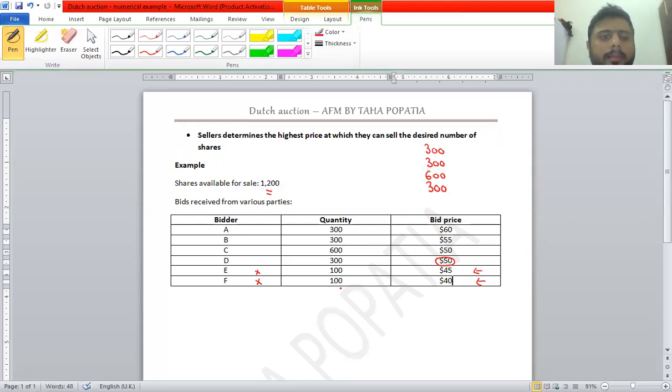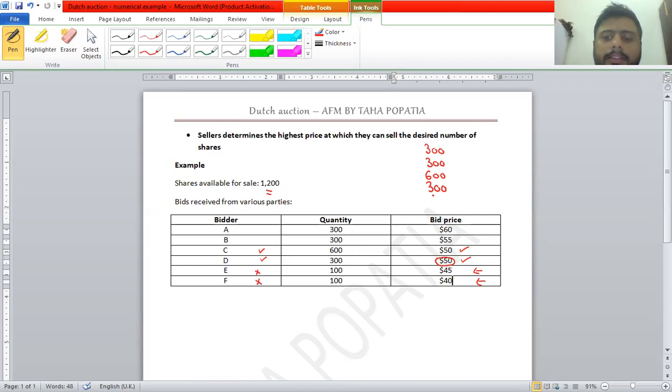Now, in this example, I have made a complex situation. If we add these up, 300 and 300 is 600, 600 and 600 is 1200. And there was a tie between C and D. C is willing to pay us 50 as well, and D is also willing to pay us 50 as well.